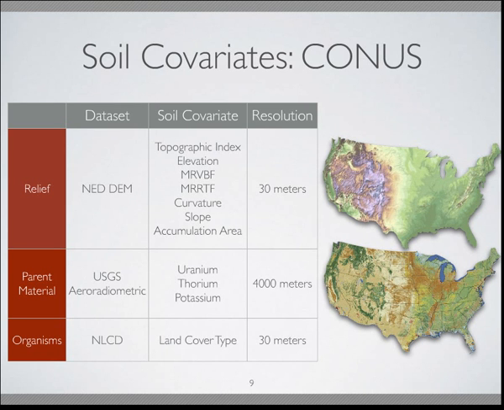And then for organisms, we use the NLCD, the National Land Cover Data Set. It gives us our land cover type at 30 meters over the entire CONUS. So with this information, we then can develop an algorithm to relate the gSSURGO legacy soil data to soil covariates.